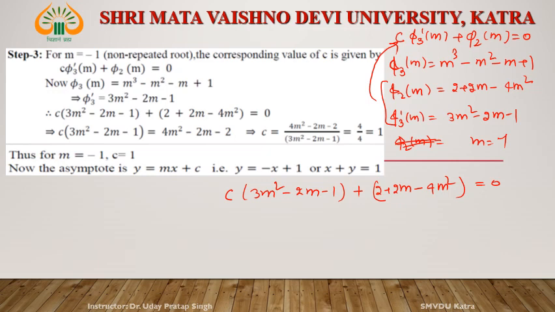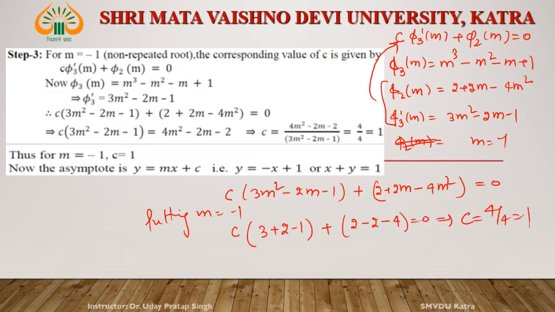Now putting m equal to −1, we get 3 + 2 − 1 + 2 − 2 − 4 equal to 0. This implies that c is equal to 4 by 4, that is 1.